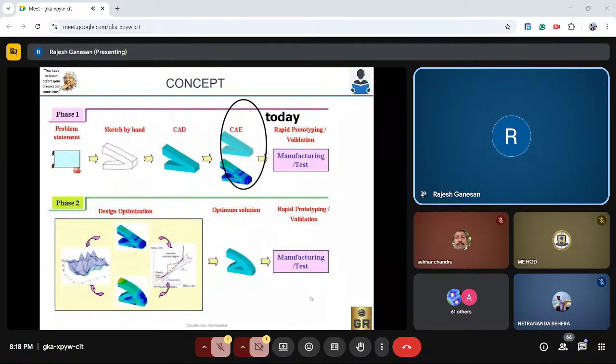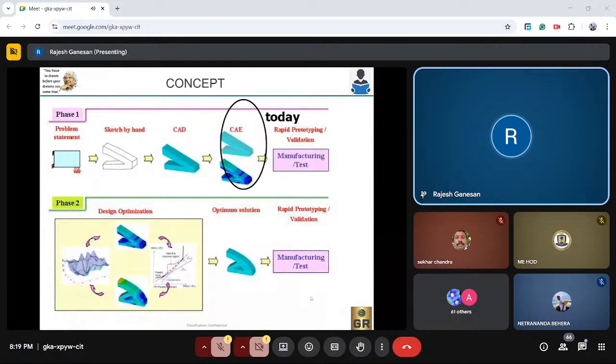So first, the problem statement: what is the problem? I want to do a sketch by hand. This is just an example, but you can imagine whatever component you have in your mind. When the problem statement is defined, we do a sketch by hand.